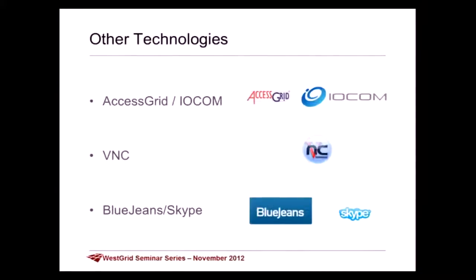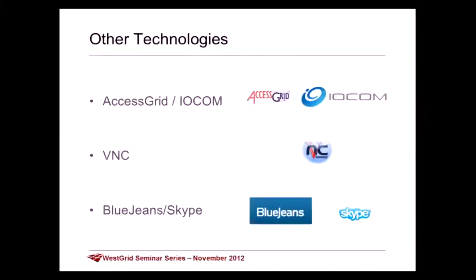We also, we don't support this directly, but we have a lot of familiarity with it and know of different groups that do support this. BlueJeans and Skype. So Skype, of course, is very well-known desktop collaboration software. BlueJeans is a cloud-based collaboration service, I should say, that offers connectivity between different desktop collaboration services, such as Skype, such as Google Talk, and allows connectivity into room-based systems like we're sitting at right here.